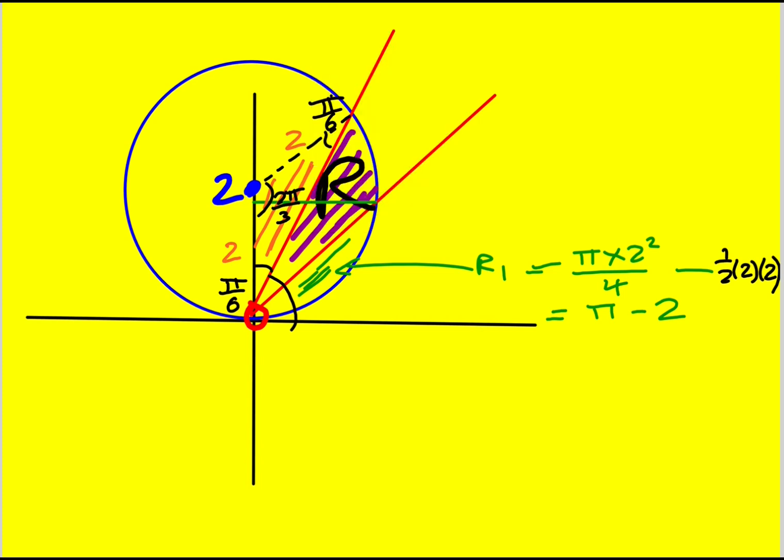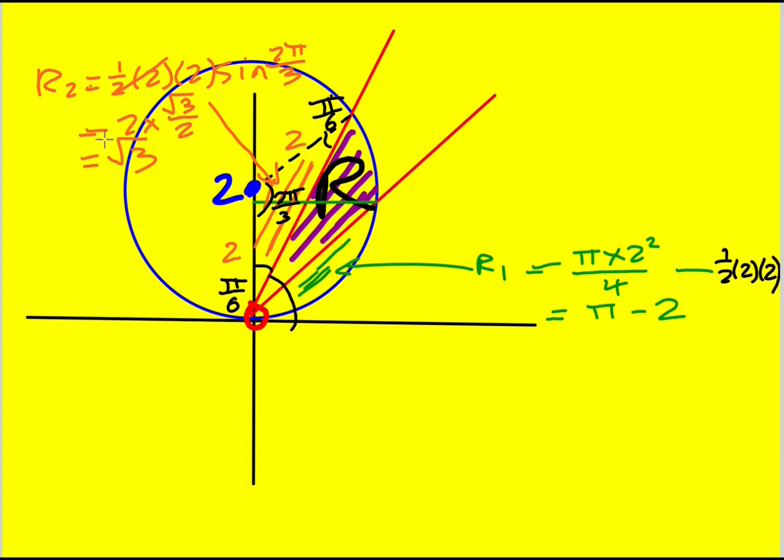And then if I want to find out, I'm going to call it R2, it's going to be a half ab sine C. A half times 2 times 2 times sine 2 pi over 3. And that becomes, these cancel, that becomes 2 times root 3 over 2, which is root 3.